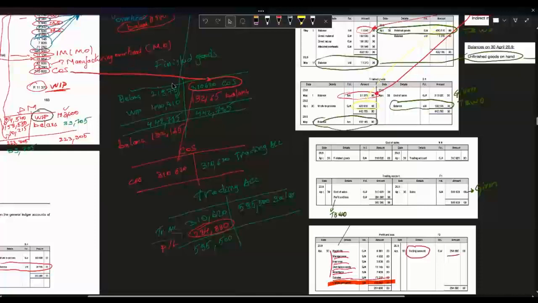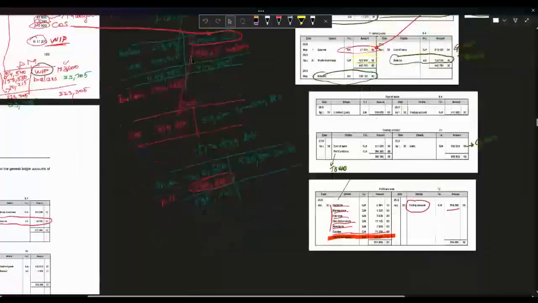When we are trading, we need to cover the cost of sales. That's why you will have cost of sales. That came from the finished good, as you can see. And on the other side, this needs to be traded, and this needs to be matched in order for us to break even, right?